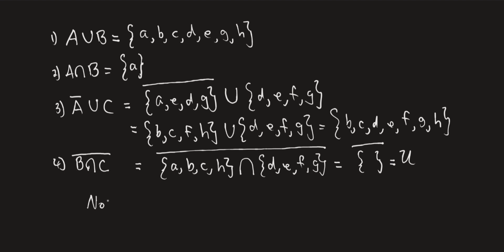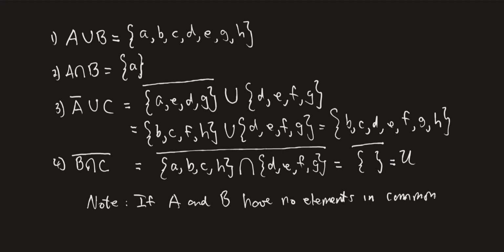So note, if A and B have no elements in common, what that means, from a set operation standpoint, is that A intersect B is the empty set, right?